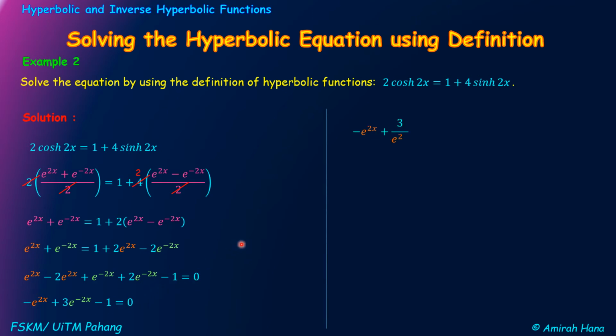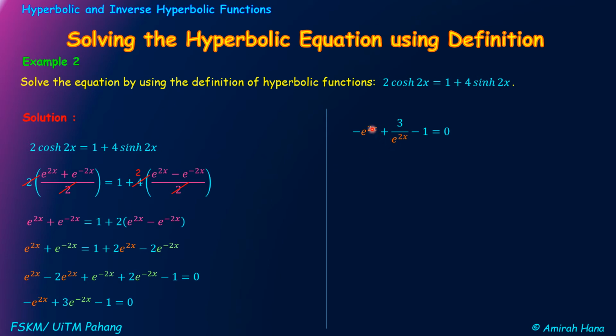Okay? And then from here, we can use the properties of indices. So we can write 3e to the power of negative 2x in terms of 3 over e to the power of 2x. We move it down using the properties of indices, so now we get a positive exponent. Okay?